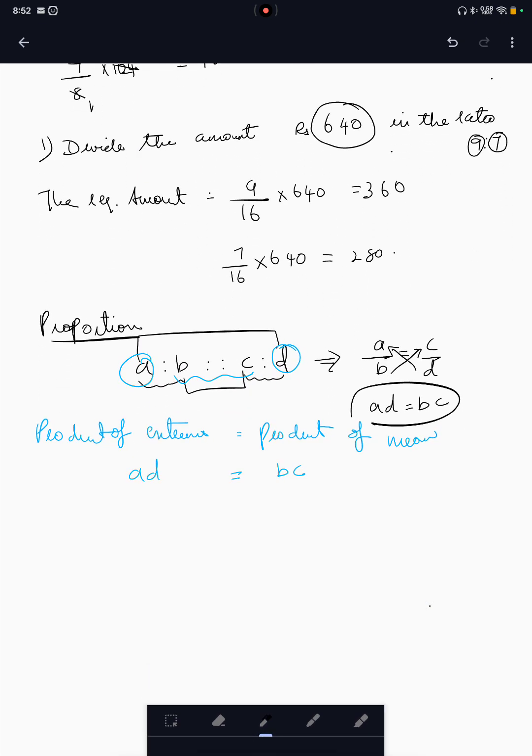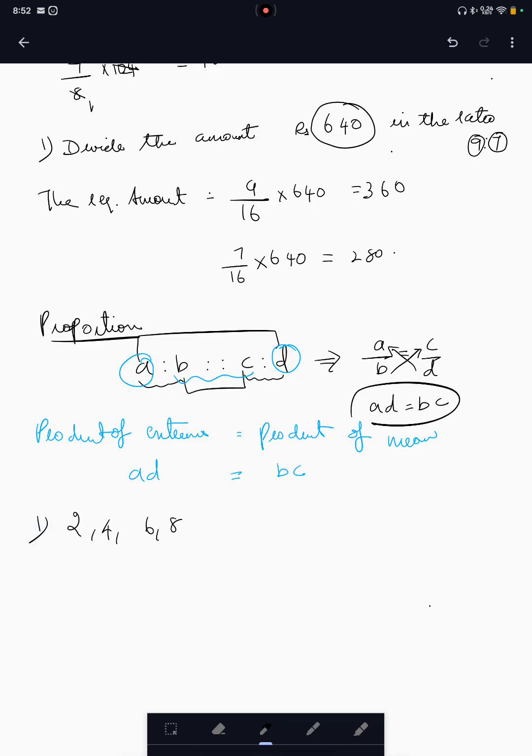All right, now next thing, check it. 2, 4, 6, 8. Are these numbers in proportion or not? How do you check it? Very easy. You just write in proportional form: 2 is to 4 is proportional to 6 is to 8. What will you do? 2 into 8 is equal to 4 into 6.